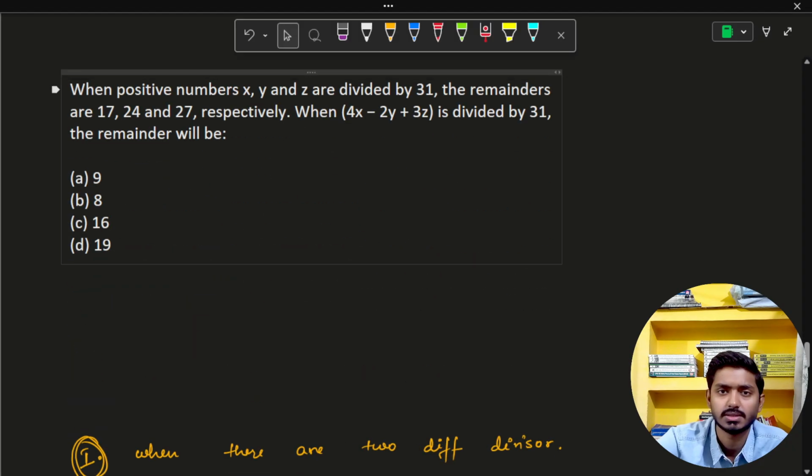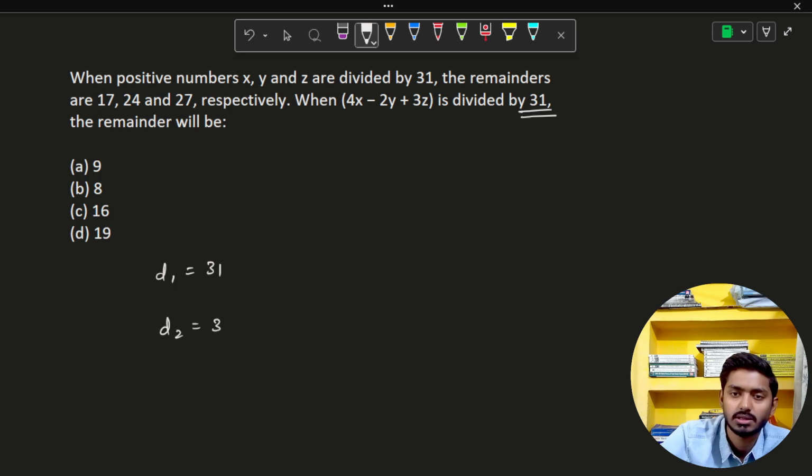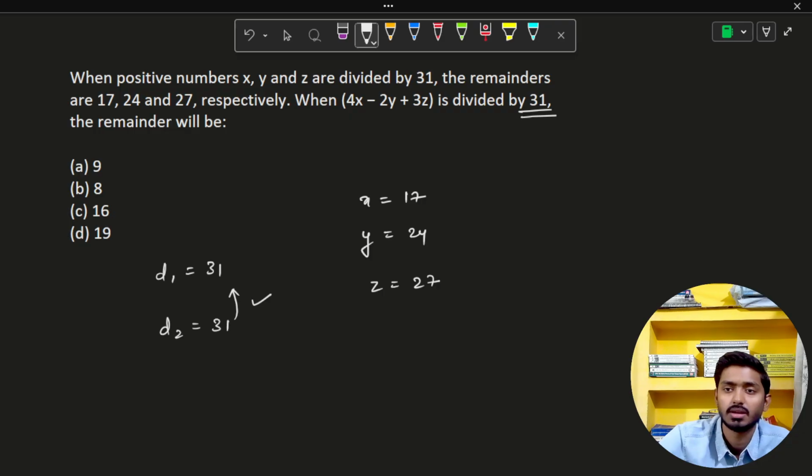Last question, I guess. When positive numbers x, y, z are divided by 31, divisor 1 is 31 and it is again divided by 31 only. Divisor 2 is 31. So the first one is a multiple of second, yes. The remainders are 17, 24 and 27. We'll assume the first number to be 17, second number to be 24, and third number to be 27. They said that 4x minus 2y plus 3z is supposed to be divided by 31.